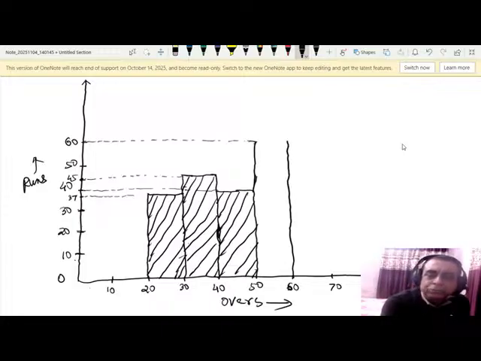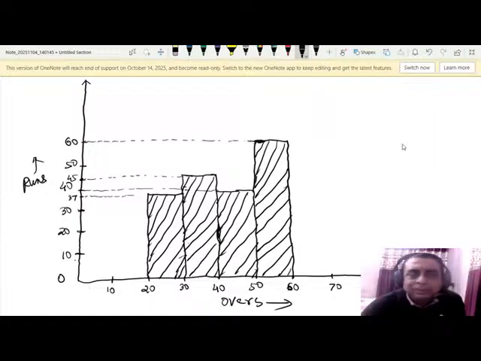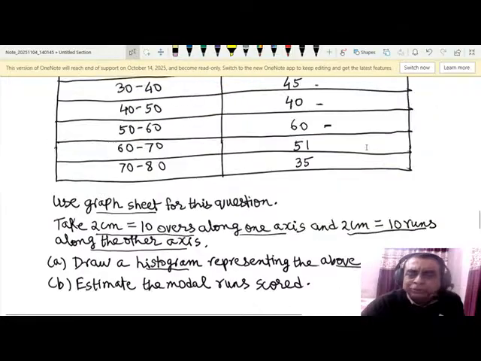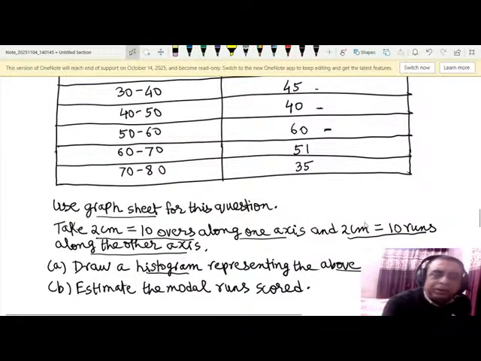So you make a bar of this height going up from 50, dropping at 60. All the bars will be touching one another. So this is the bar going from 50 to 60, of height 60. The number of runs scored is 60 here shown.